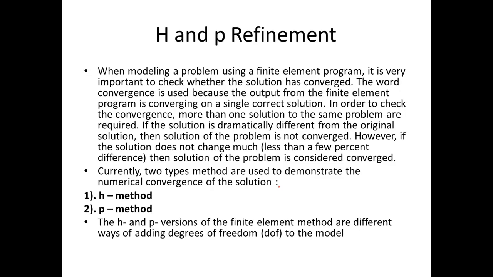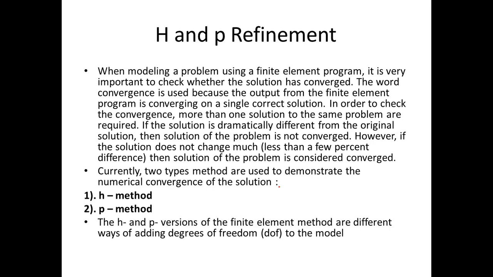Then H and P refinement. Now meshing is nothing but the discretization. Meshing is nothing but dividing the component into a number of elements, right? If you divide that object into many elements, and that number of elements is higher, there will be higher refinement, right?